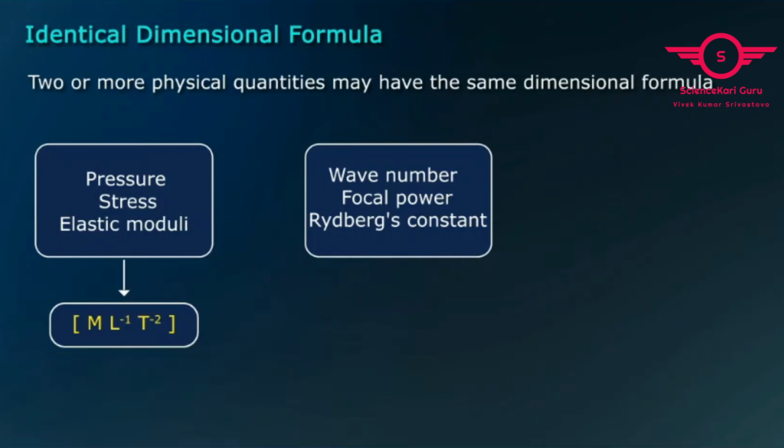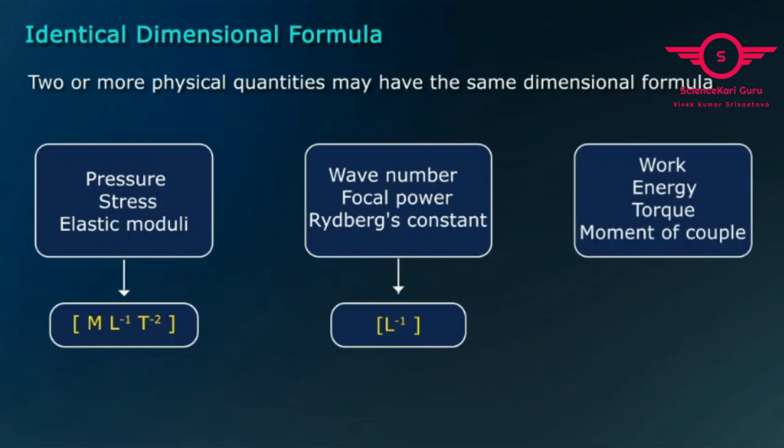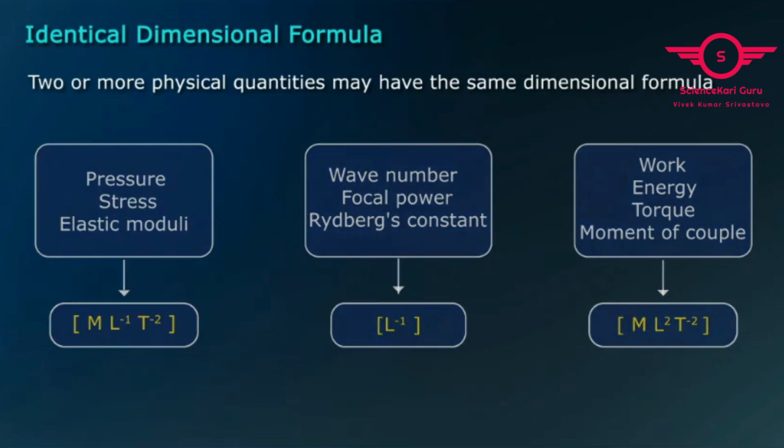Wave number, focal power, Rydberg's constant have same dimensional formula, L power minus 1. 3. Work, energy, torque, moment of couple have same dimensional formula, ML square, T power minus 2.